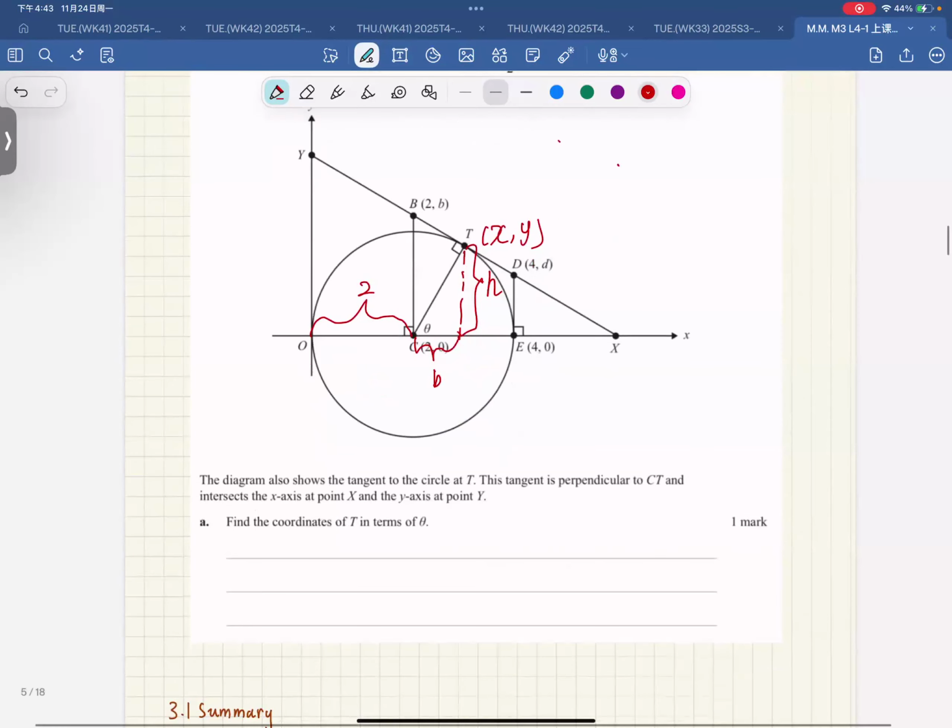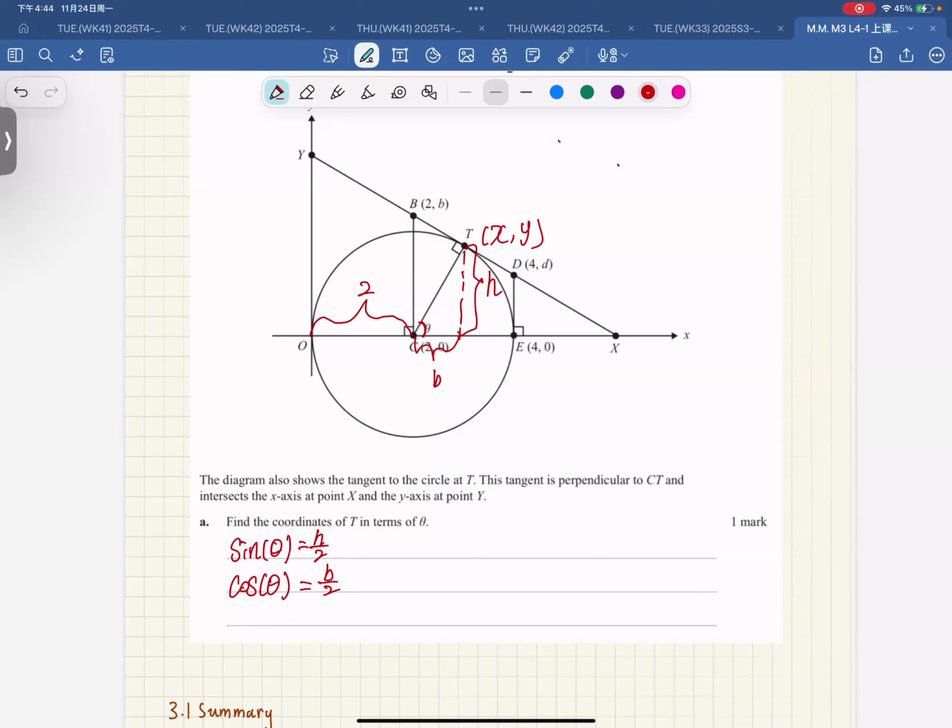Because we need to find the coordinates of T in terms of theta, we need to use the angle theta. So we have sine theta is equal to h/2, right? Then cosine theta is equal to b/2, right?